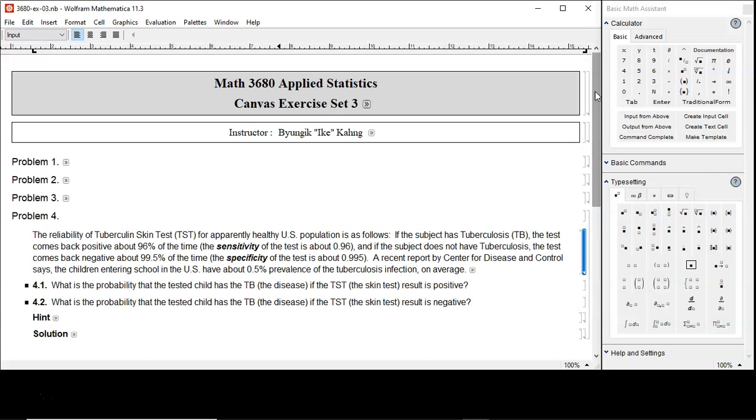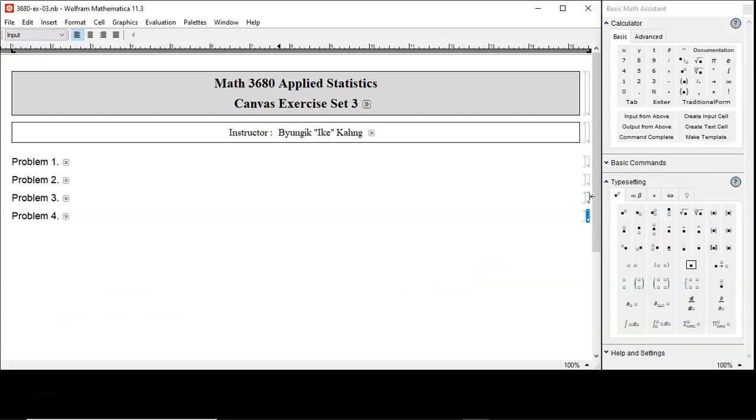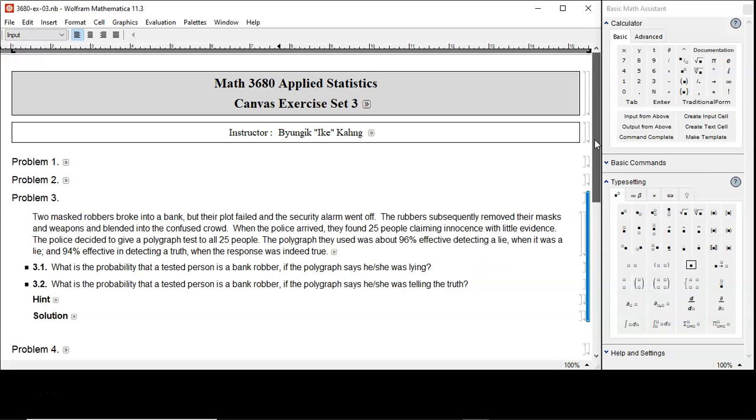So, go ahead and do this problem, pretty much the same as what we just did. And remember, these numbers are real. Here's another problem. Stop the playback and read through. How about this? It's a hypothetical criminal justice system problem.